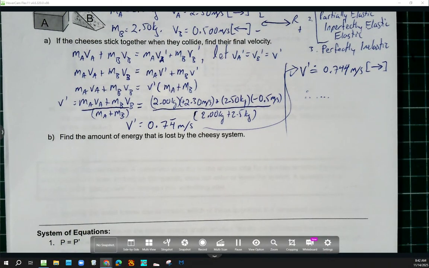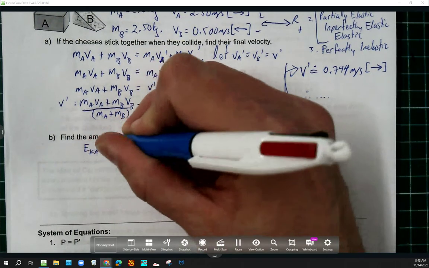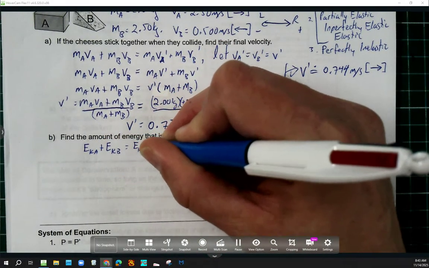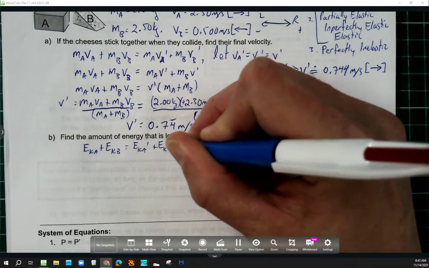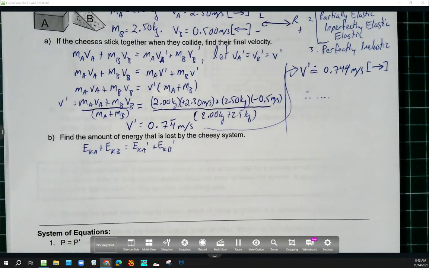All right, part B says find the amount of energy that's lost by the cheesy system. Okay, so we could start off EKA plus EKB equals EKA primed plus EKB primed. But it's suggesting that energy is lost, and we actually hashed out that when systems stick together like this, energy is always going to be lost.